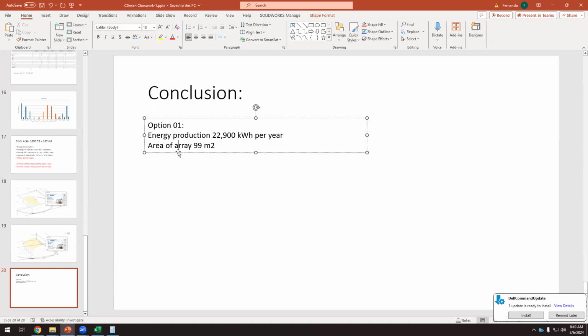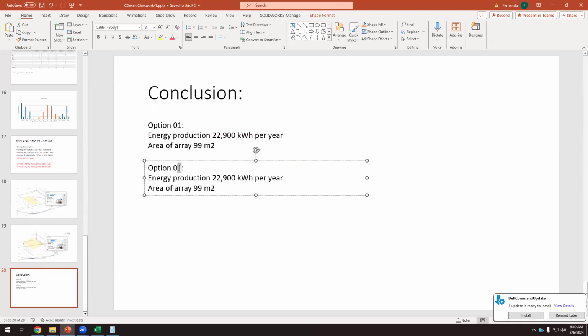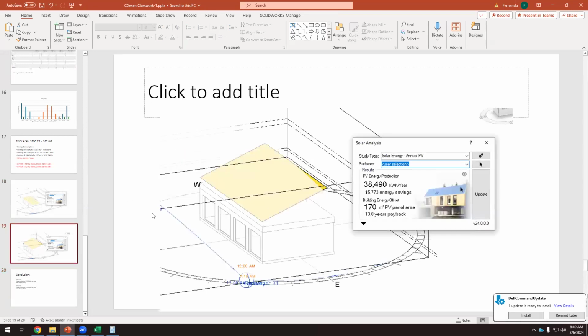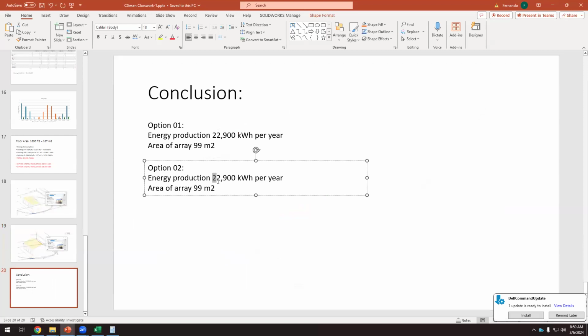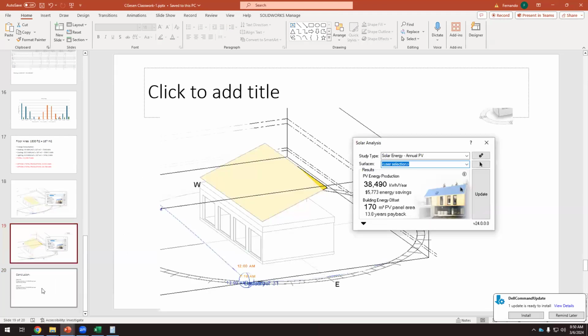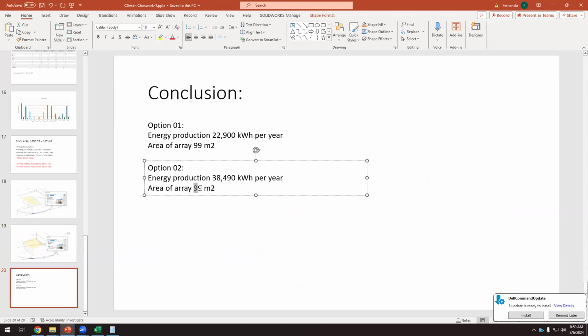Option 2, the energy production according to this is 38,490. The area of the PV array is 173.